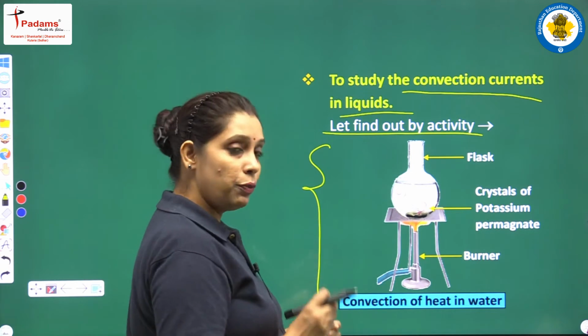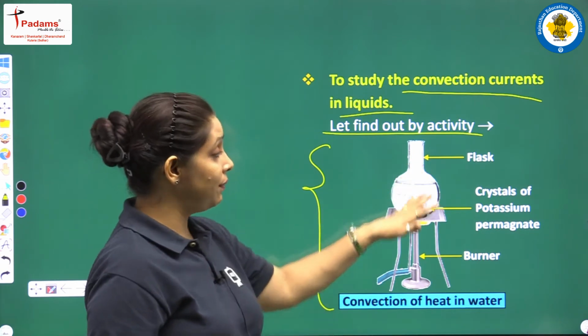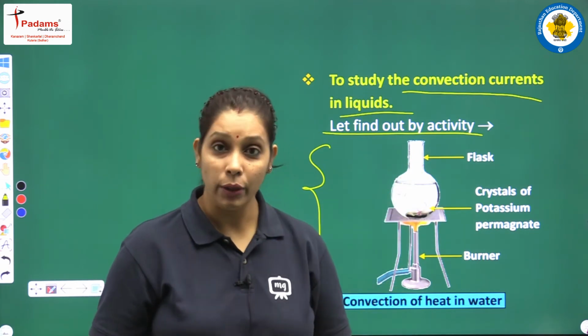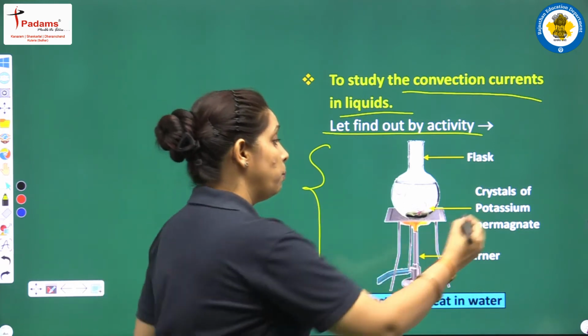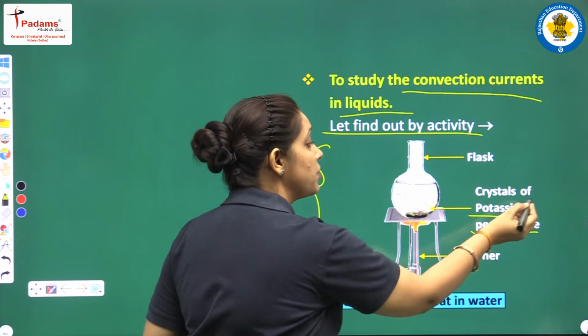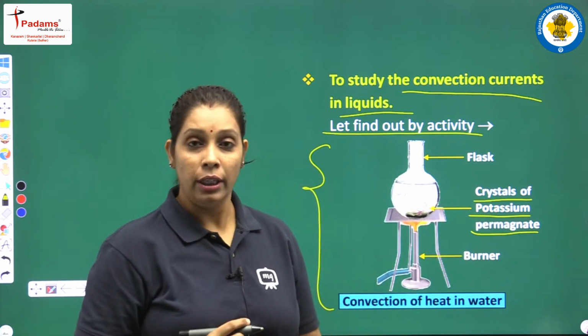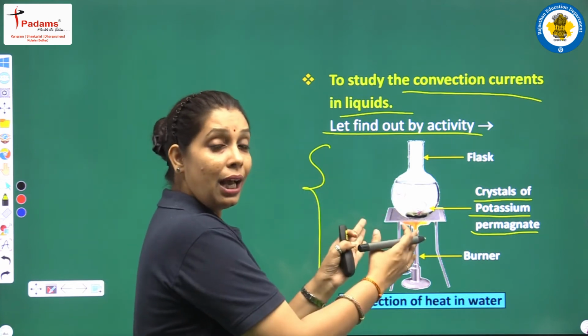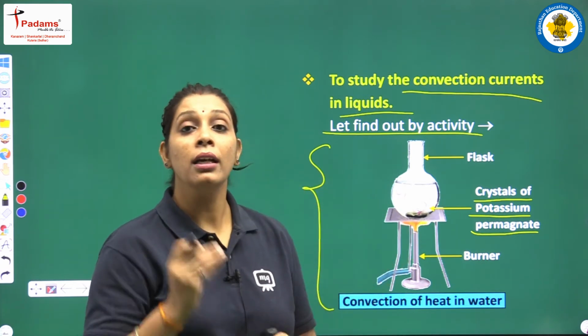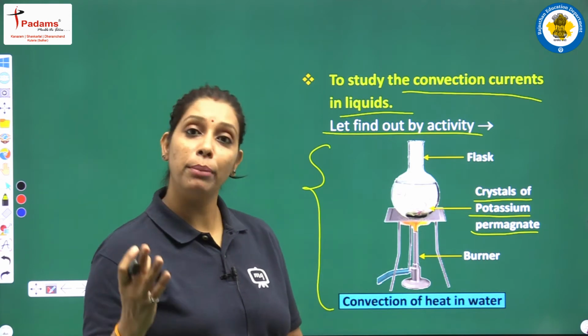Okay students, what we have to do? We have to fill this flask with water, and we will put some potassium permanganate crystals in this water. Okay, and we will provide heat to that flask where we are placing the crystals of potassium permanganate.